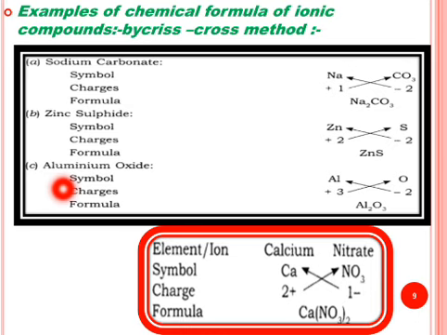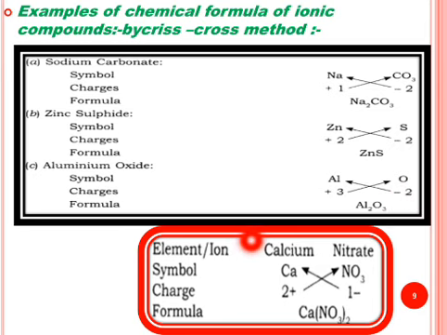Now see one more example, aluminium oxide. Again, write the symbols of the constituent ions: aluminium ion, and its charge is +3. Oxide ion, its charge is -2. Then by crisscrossing their charges, we get the formula Al2O3.